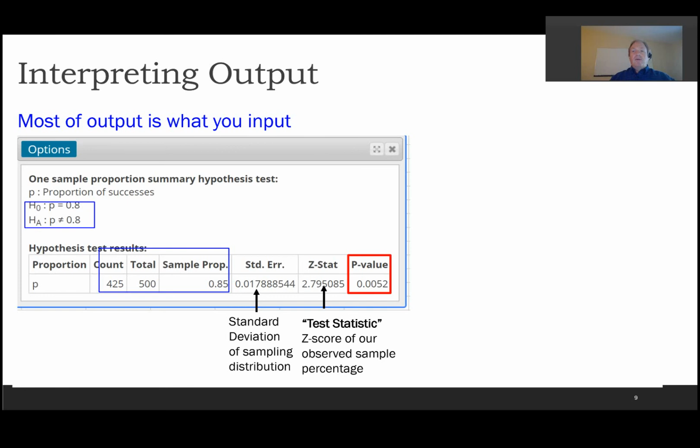A lot of the output from the hypothesis test is your input, which is good. You get to check everything. Did I enter the hypotheses correctly? Yes. StatCrunch uses H sub A instead of H sub 1. I mentioned that was an alternative way of expressing the alternative hypothesis, if you pardon the pun, so to speak. And this is my number of successes, sample size, sample proportion. The standard error is another term for the standard deviation of the sampling distribution.